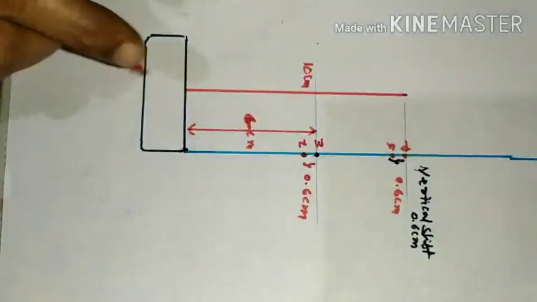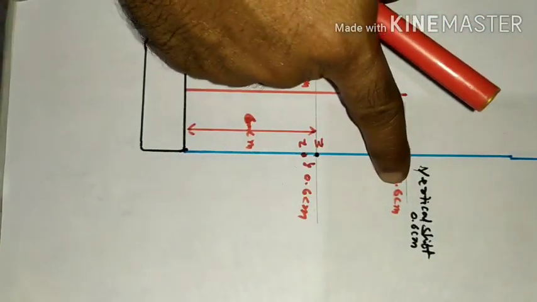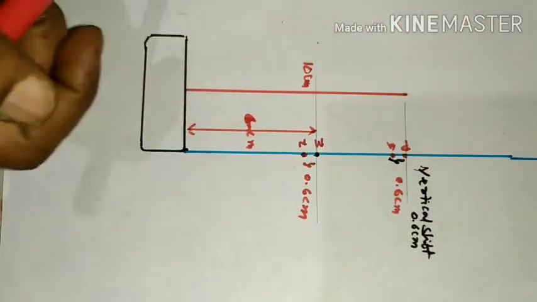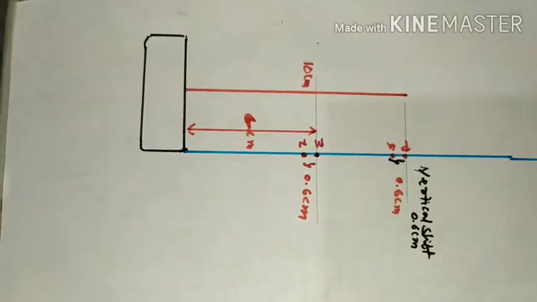So the vertical shift does not depend on the object's placed distance; it is constant.